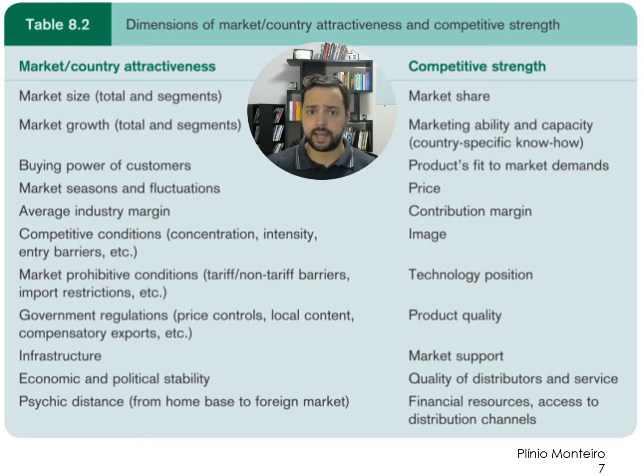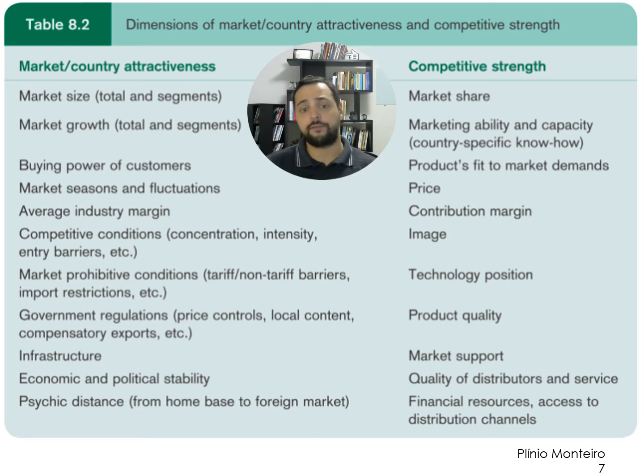Let's look to an example of some factors that you can select for market or country attractiveness and the competitive strength. For instance, in terms of market and country attractiveness, you can have the market size, the market growth, the buying power of customers.